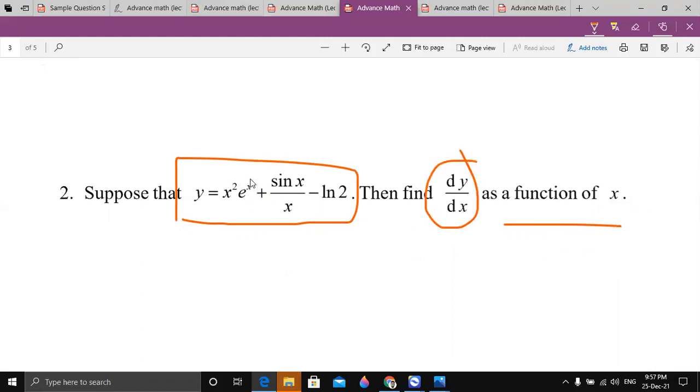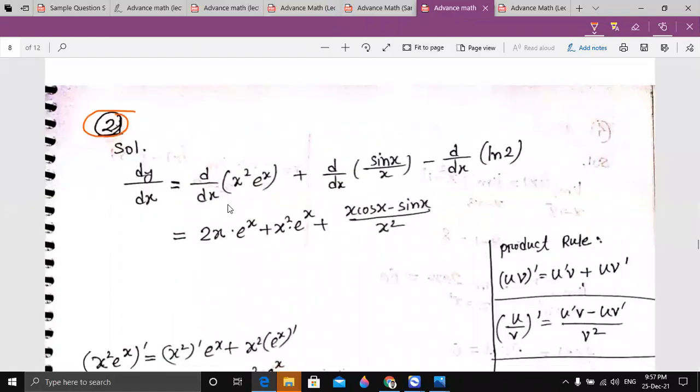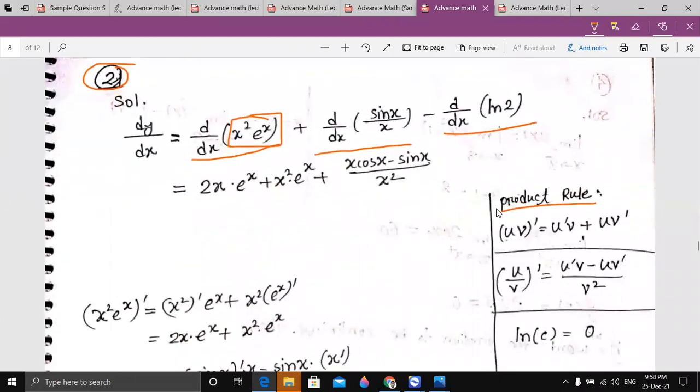So we can first use the sum rule here, and we can calculate them one by one. So d/dx of x squared e to the power x, d/dx of sin x by x, minus d/dx of ln 2. This is like a product rule, x squared into e to the power x. And we know that the derivative of uv is u derivative v plus u v derivative.